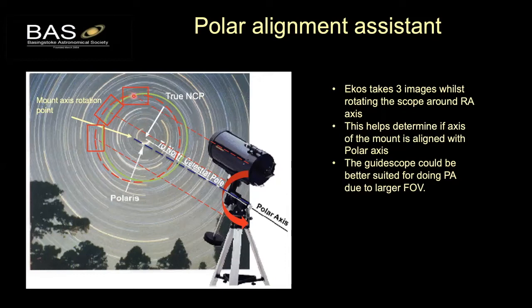You can ask it to go west or east, and you can give a number of degrees you want it to rotate. It takes 3 images, does a plate solve, figures out what this rotation is, and then comes up with this lovely vector, which shows you how far you are away from true north.